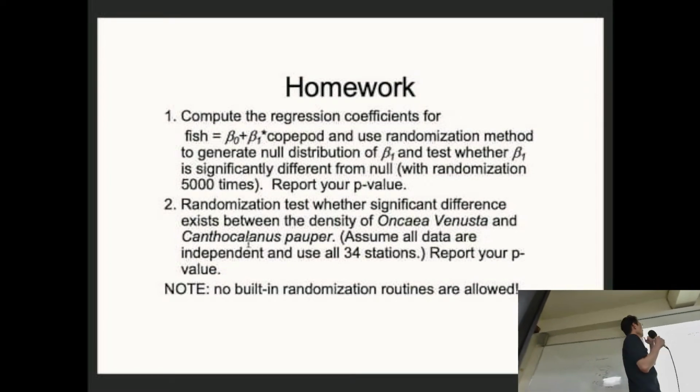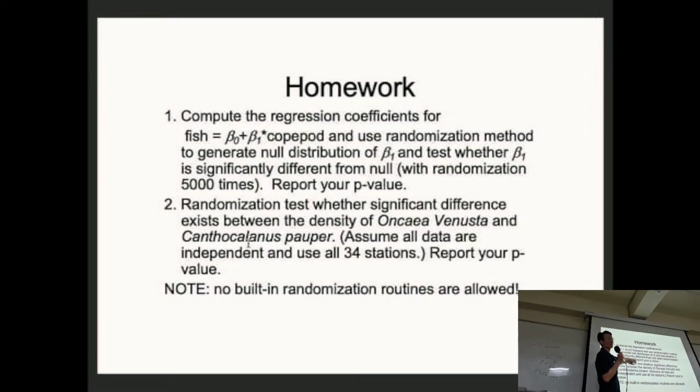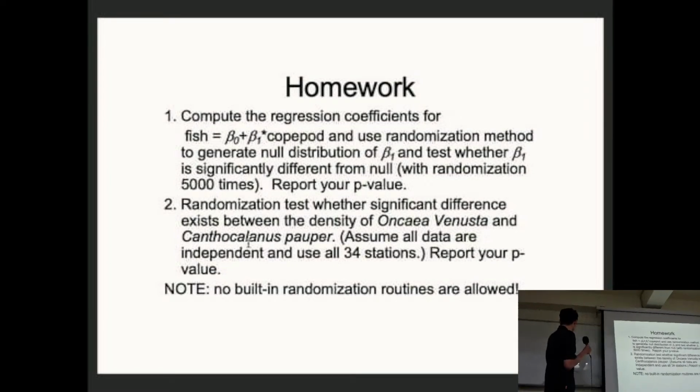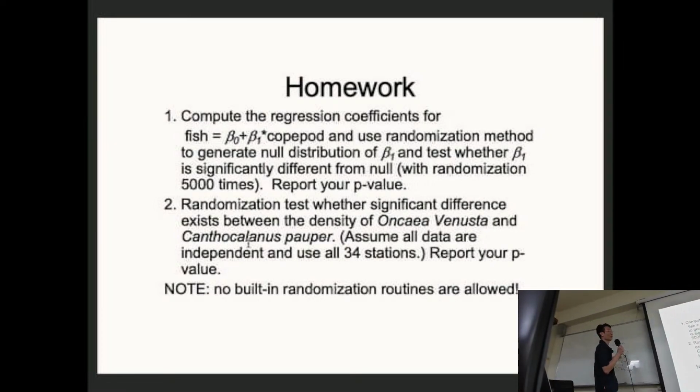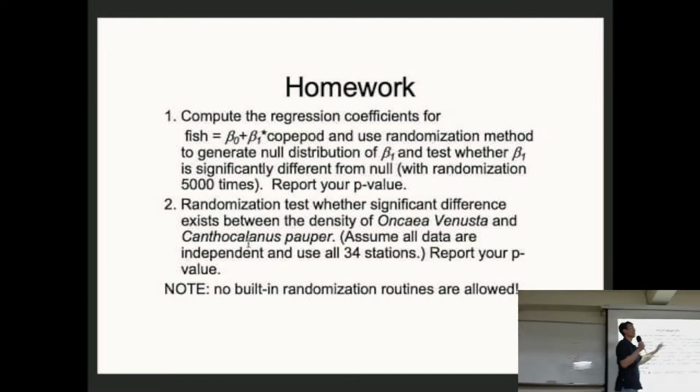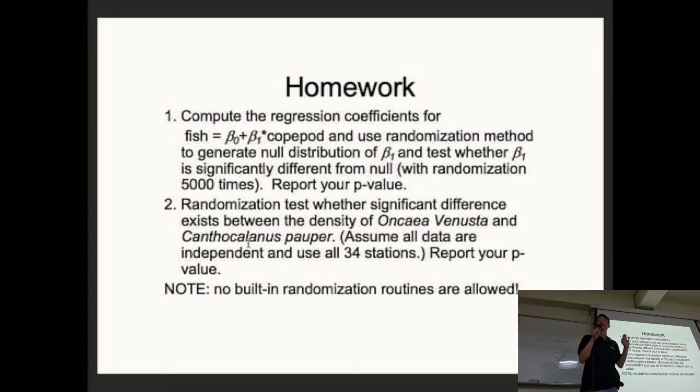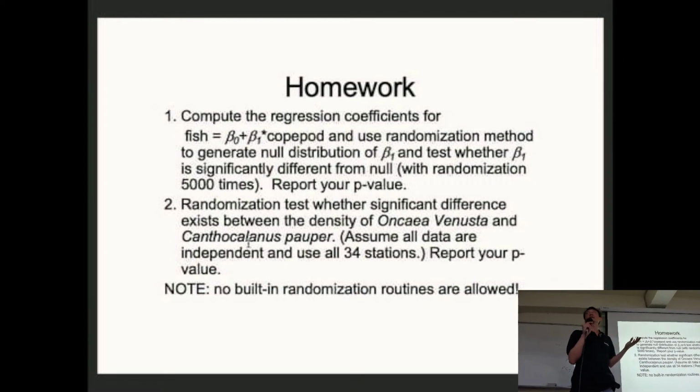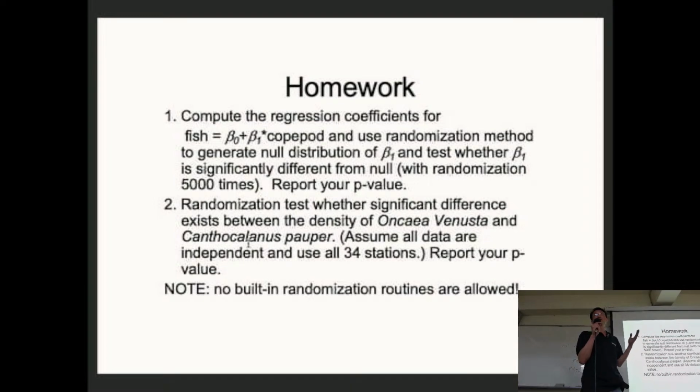So you will report your p-value. Okay? It can be exact or smaller than 1 divided by 5,000. Okay? That's how we calculate your p-value. Right? You just need to count how many times the new beta 1 is larger than the observed beta 1. Right?